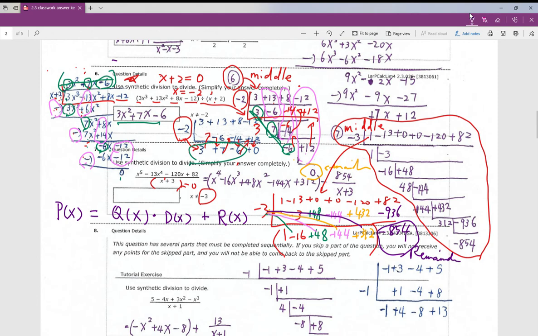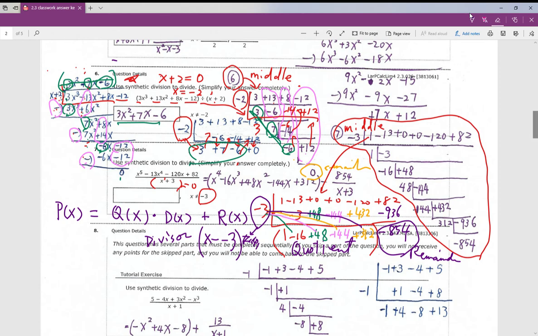This is the remainder, this is the quotient. And this one, basically x minus negative 3 is 0. That's the divisor. The divisor is x minus negative 3.